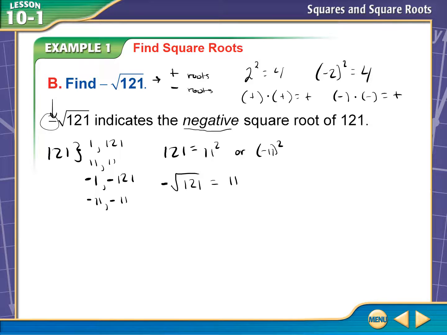So the negative square root of 121 would be the negative factor, or it would be negative 11, because negative 11 squared is still going to get me 121. So my answer is negative 11. So just keep that in mind, that whenever you take the square root, you could get both positive and negative versions of it, and they'll let you know which one they're interested in. In this case, they were interested in the negative root of 121.